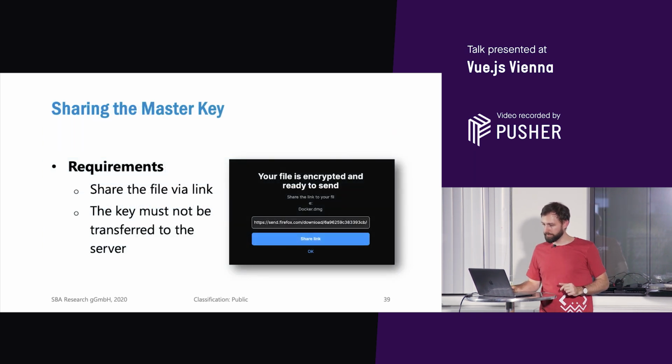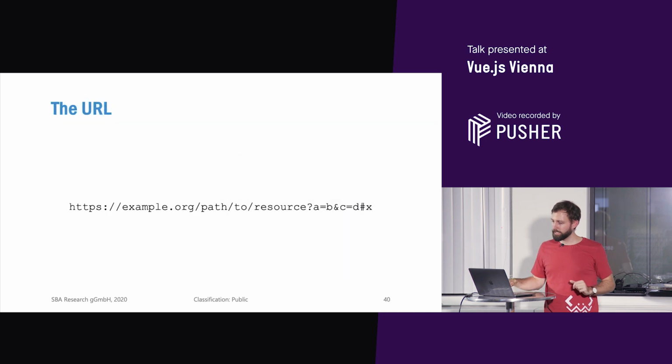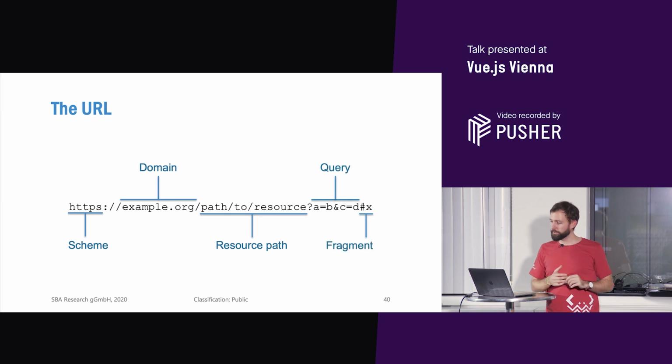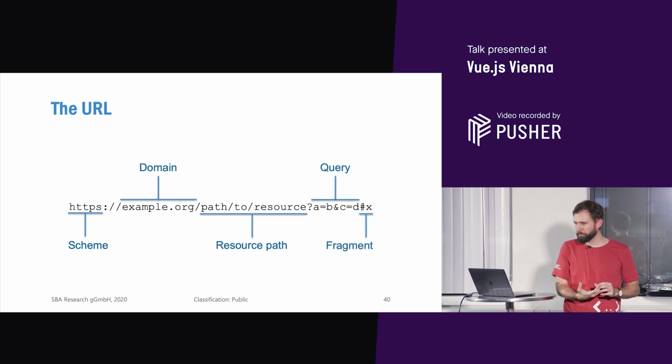So the key must not be transferred to the server. Let's have a look at the URL, because there's one special part in there that's not transferred to the server. Now we have the scheme, we have the domain, we have the resource path, the query, and then there's the fragment. What's the fragment used for? Anchors.